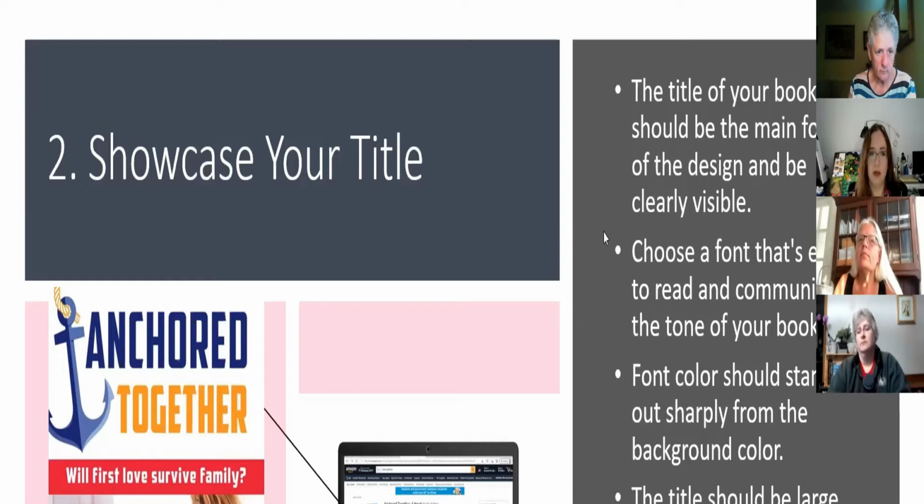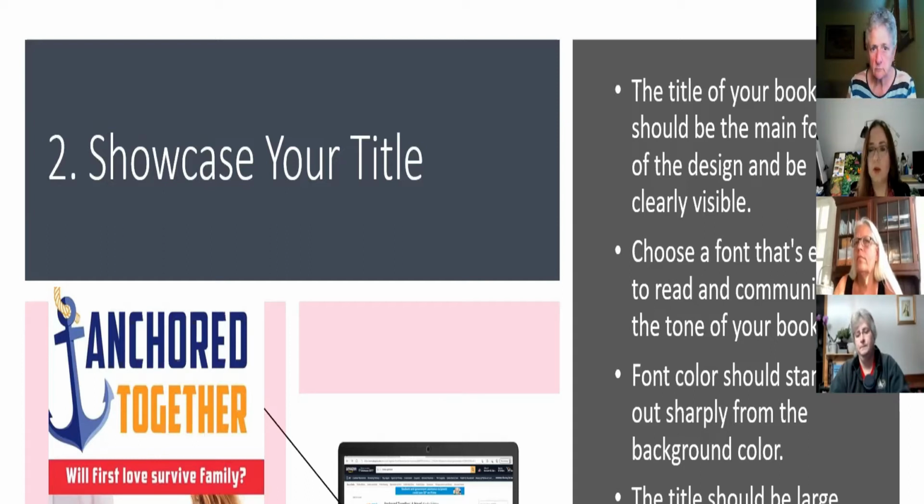So you got to make sure it is big, and it needs to be clear and stand out well from the background. I've seen covers where the title color is really close to the background and it's small and it's really hard to read. You want to avoid that because of the whole idea of it being a thumbnail size. You need to have it nice and legible.